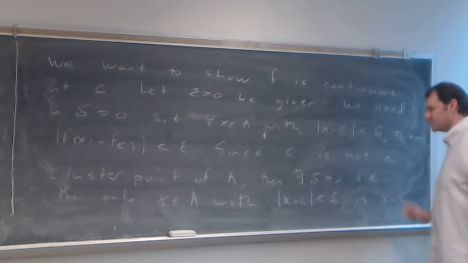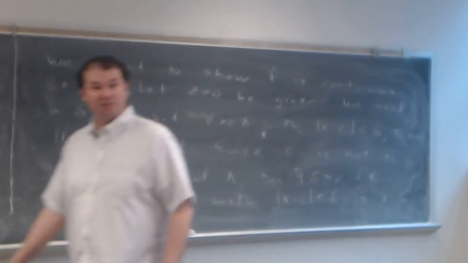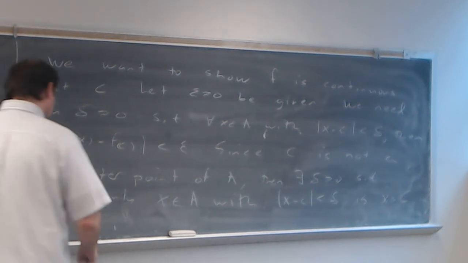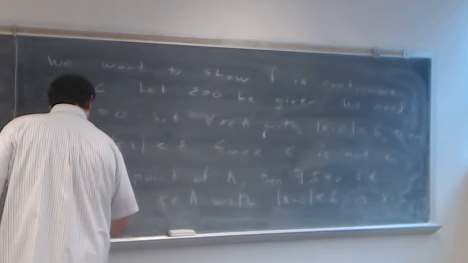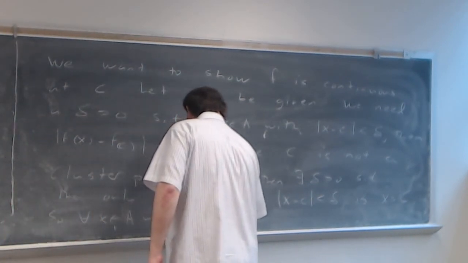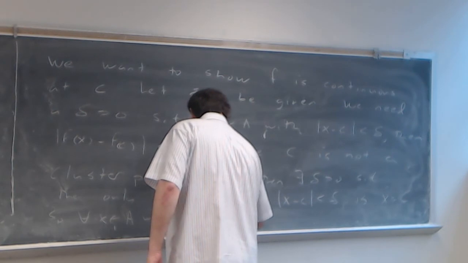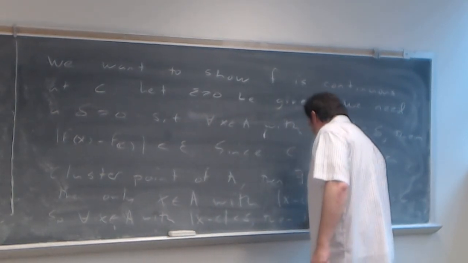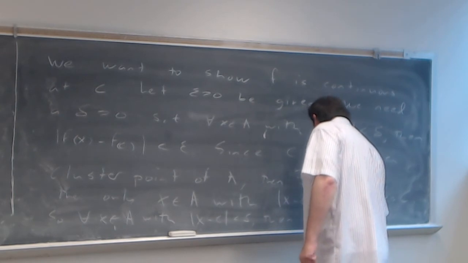C. C is the only point from A that's close to C. Within this particular delta units. So, for all x element of A, with this particular delta being used, such that |x - c| is less than delta, then what about the absolute value of f(x) - f(c)?